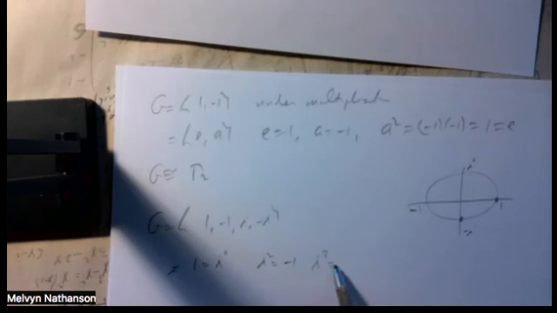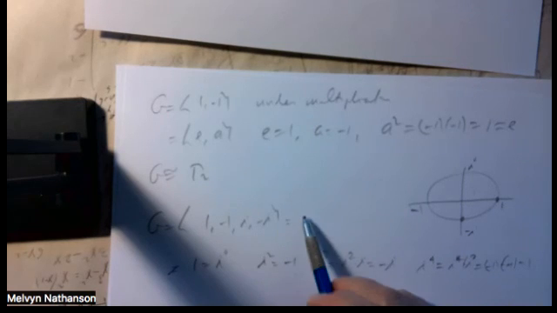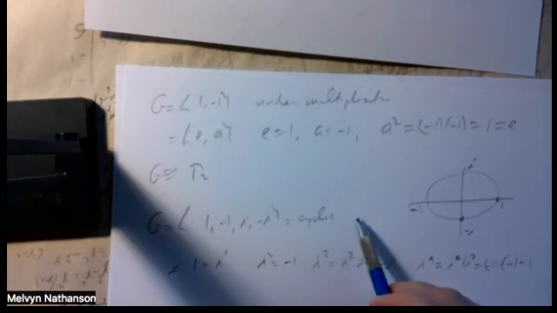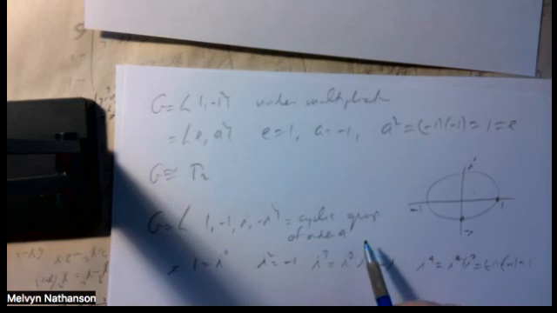I cubed is I squared times I, which is minus I. I to the 4th is I squared times I squared, which is -1 times -1, which is +1. So this is the cyclic group of order 4 generated by I.